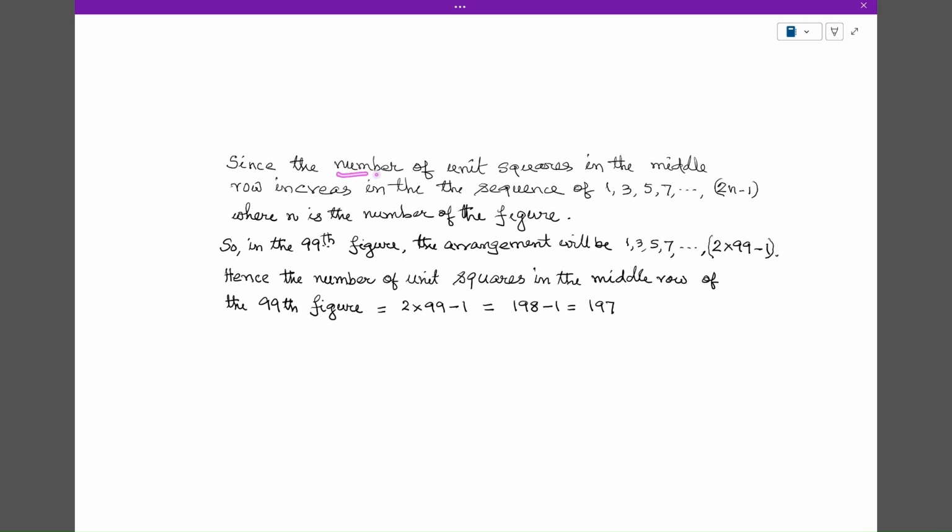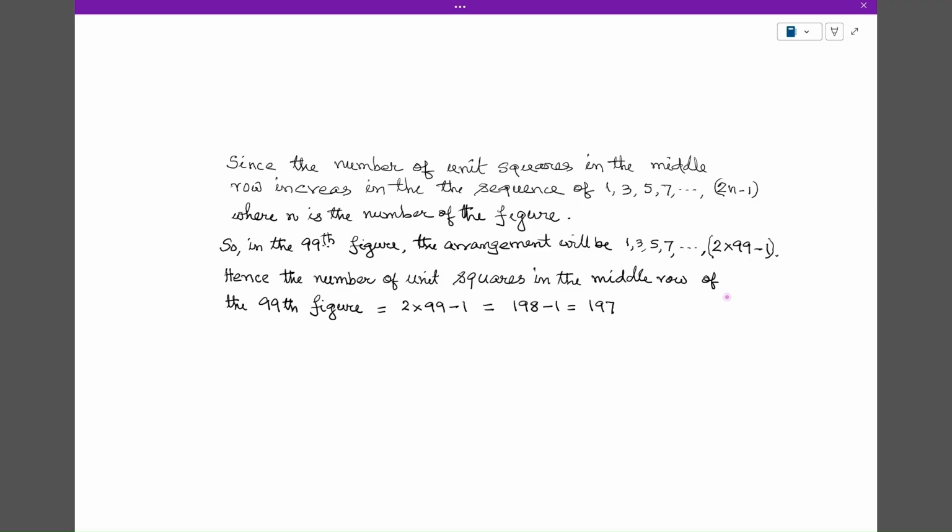Since the number of unit squares in the middle row increases in the sequence of 1, 3, 5, 7, the number in the nth figure is 2n minus 1, where n is the number of the figure. So in the 99th figure, the arrangement will be 1, 3, 5, 7, and in the final figure, it will be 2 multiplied by 99 minus 1.